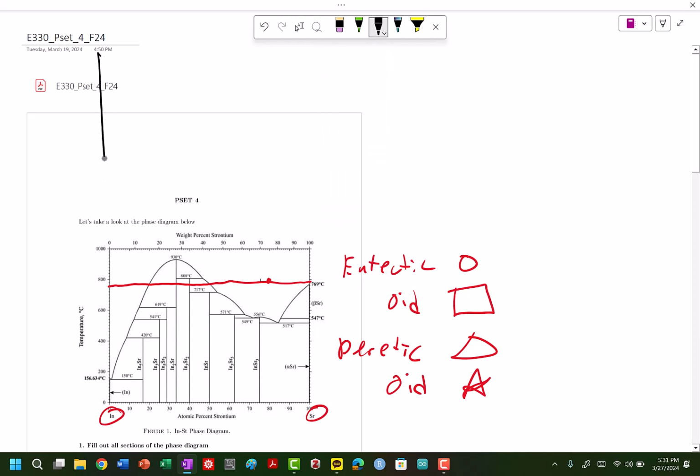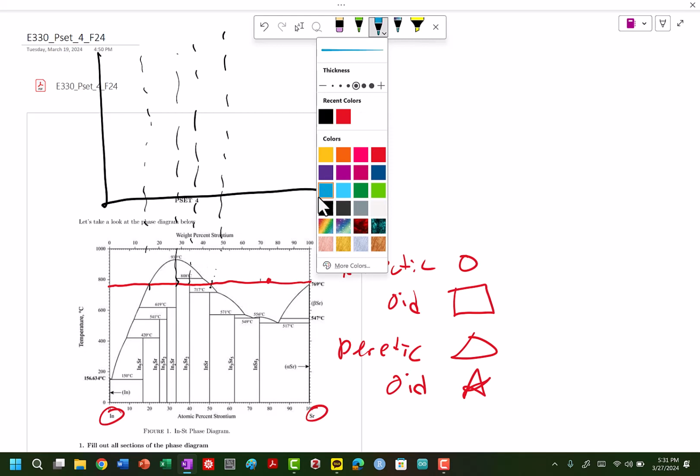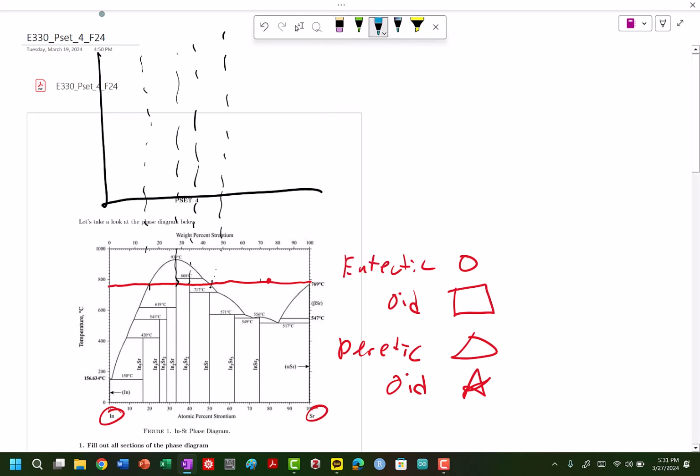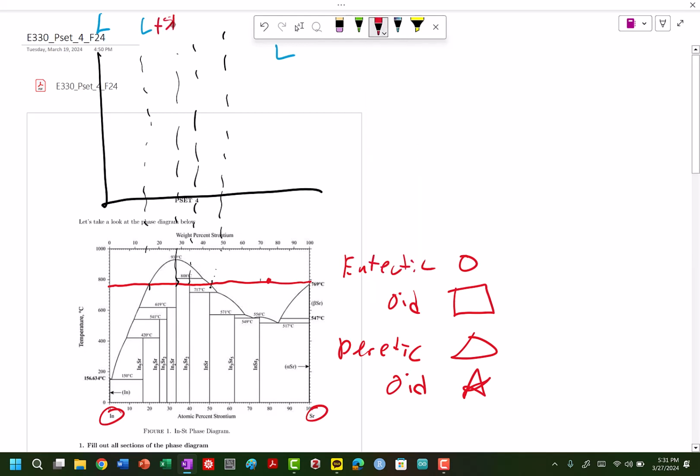Let's go here, here. So I need a dash line where I intersect one curve here, the curve here, and then the curve here, and that's it. What are my phases? So here I'm a liquid phase. Here I'm a pure liquid phase. In between here and here, I'm a liquid plus S1.